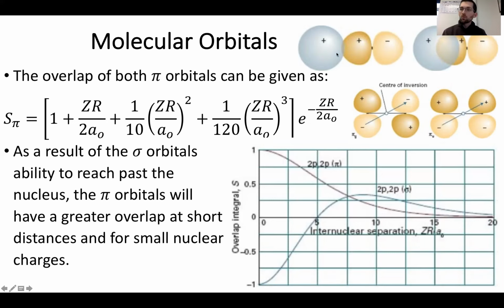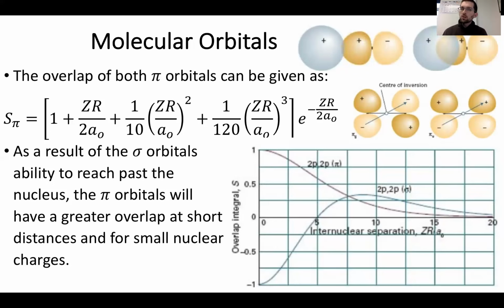Whereas this direct overlap for the sigma bonds, it can reach out a little bit further, is going to maintain larger overlaps at further distances. And as a result, we tend to see that sigma bonds are going to be a little bit more stable than the respective pi bonds. And again, it's mostly being driven by this overlap idea.